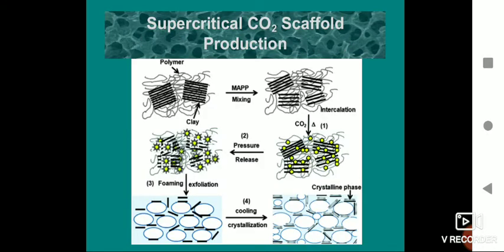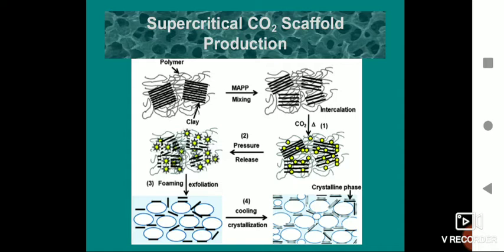Then the next method is application of high pressure CO2, which is called supercritical CO2. Now in this method you can see we have a polymer which is taken along with clay.